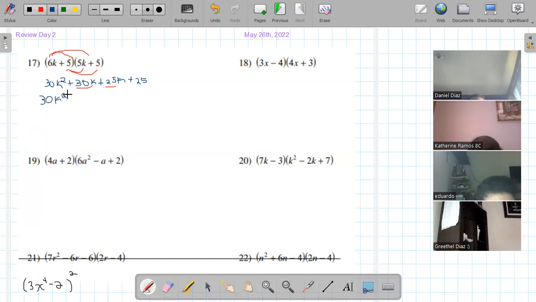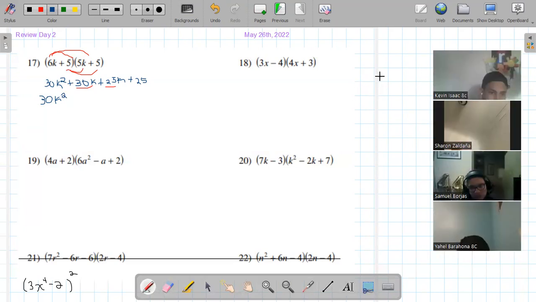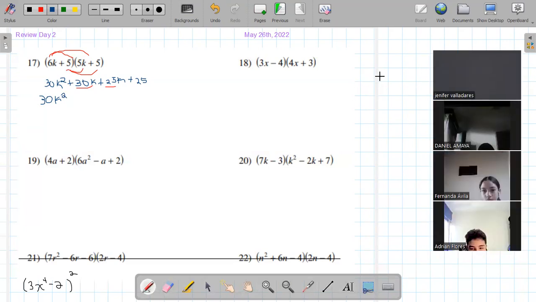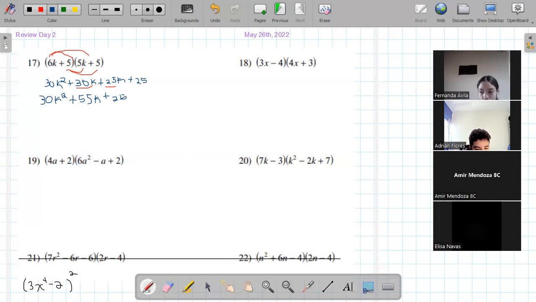How much is 30k plus 25k? It is 55k, very good. And we copy the plus 25 at the end. And that is a multiplication using FOIL or using distributive property, okay? It's basically the same thing.